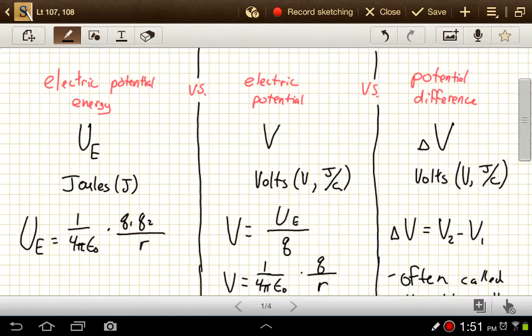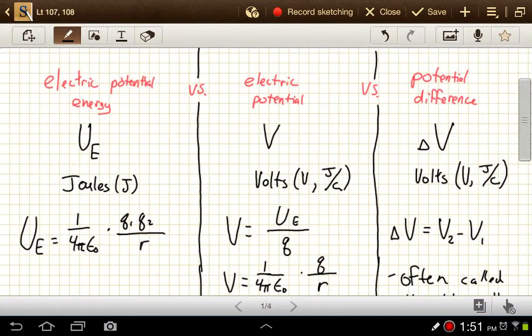Remember, though, with gravitational potential energy and with elastic potential energy, we very rarely cared what the value at any certain point was. We were really more interested in how much that value changed by. So this may give us kind of weird answers for electric potential energy for a single position, but the change in potential energy will make sense to us as we're going.